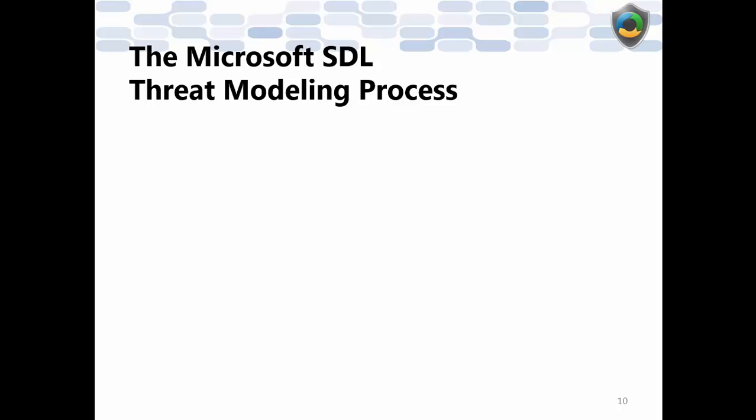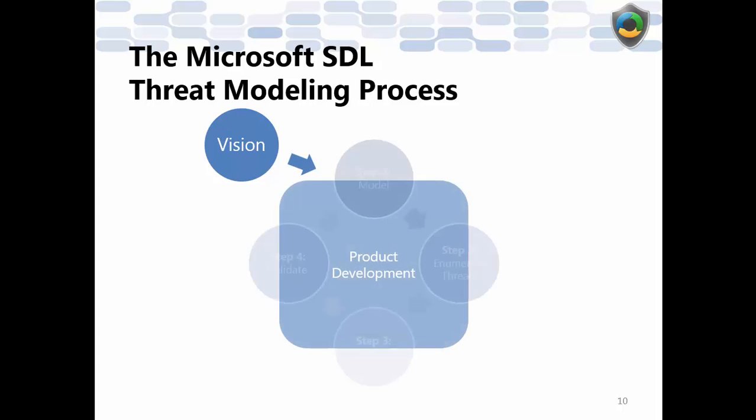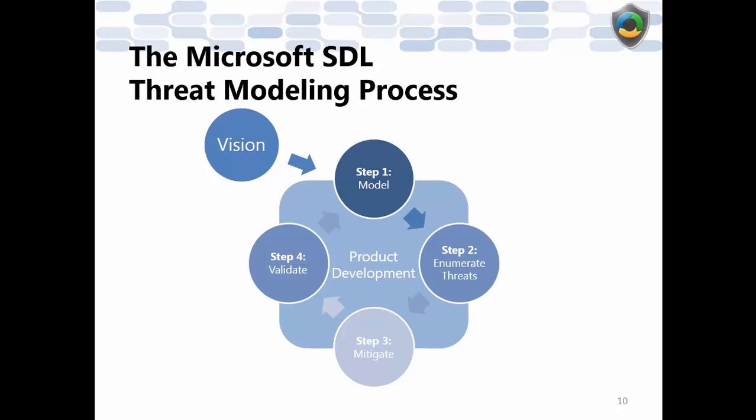All right, so let's go through and take a look at the process. Every application, and you've seen this stuff before, begins with a vision. In other words, there's a set of business objectives that an app is trying to address. Security features might be added, but you're going to come up with scenarios and use cases, etc. From there, when the application design becomes available, the threat modeling process begins.